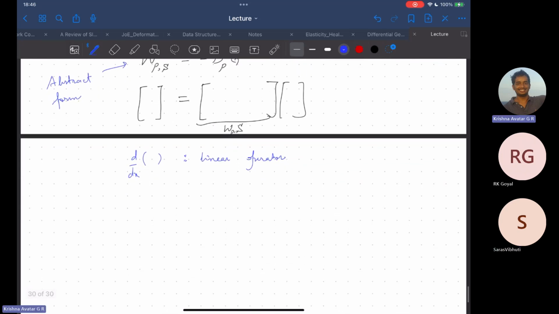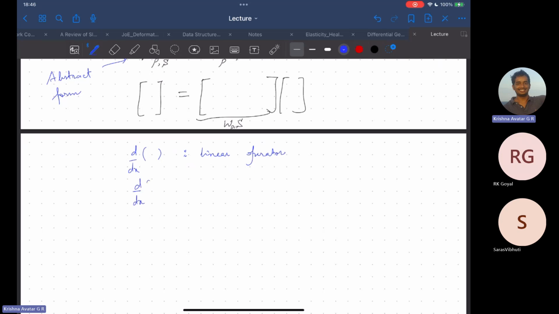Now I'll ask how come it's linear? Because for linearity, all that you require is that d(alpha u plus beta v)/dx equals alpha du/dx plus beta dv/dx, for alpha and beta constant scalars.